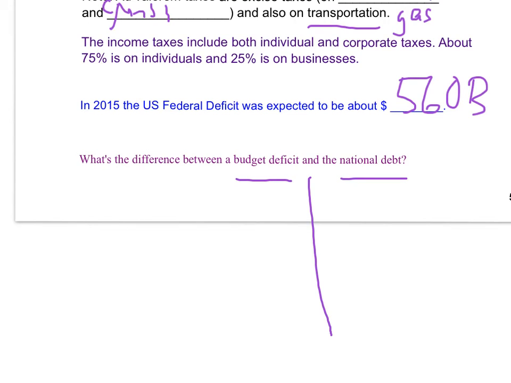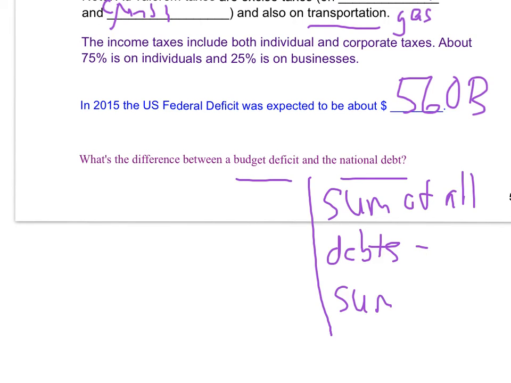The national debt is the sum of all deficits and surpluses. So it's the entire amount of money that is owed. It's a sum of all the debts, and then you could take away the sum of the surpluses.